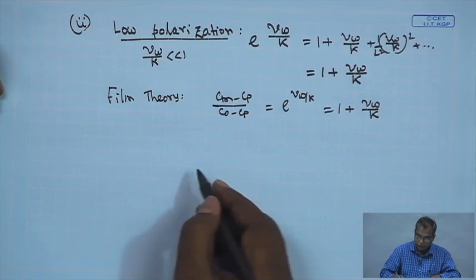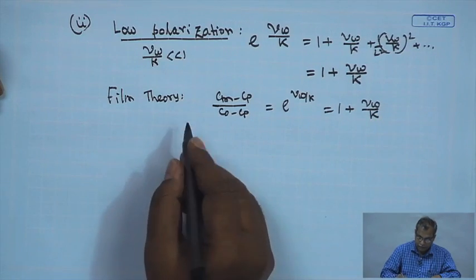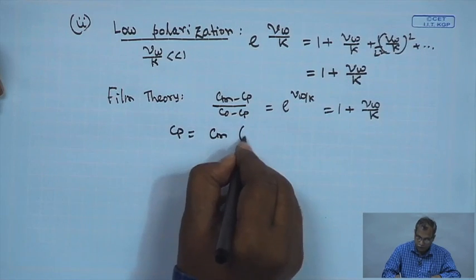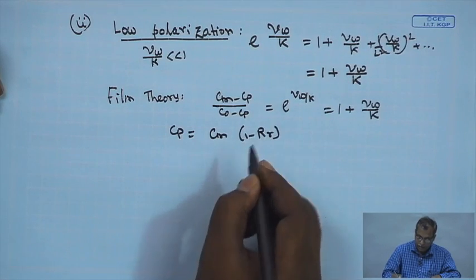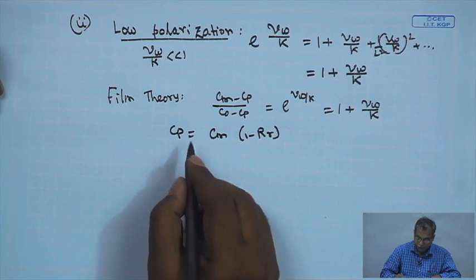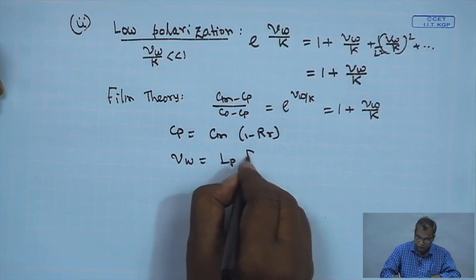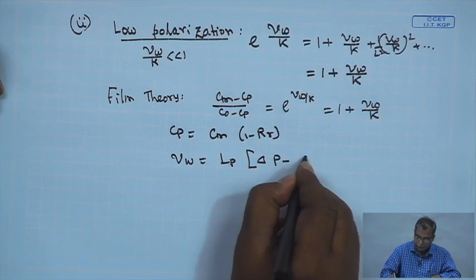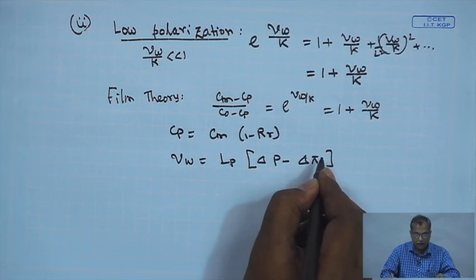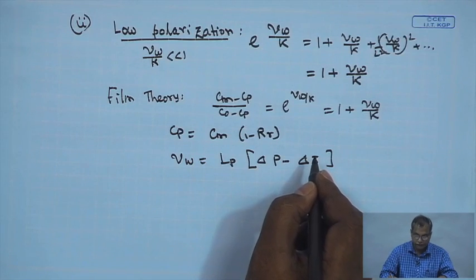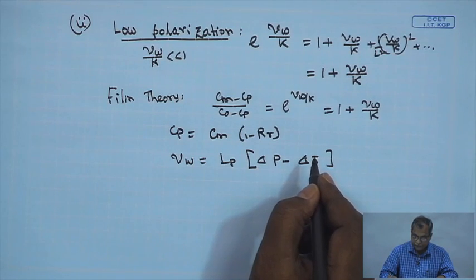So this is a simplified version of the film theory, and then we will be writing Cp as Cm into 1 minus real retention, and then we will be writing the osmotic pressure model as Vw equals Lp del p minus del pi, and we have seen earlier how del pi can be replaced in terms of real retention and membrane surface concentration Cm.